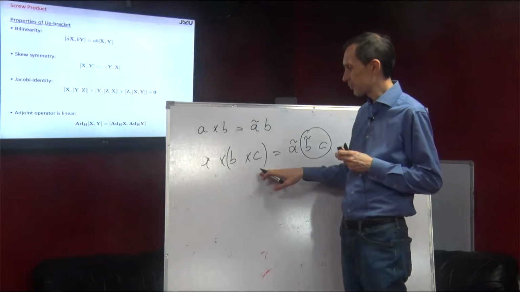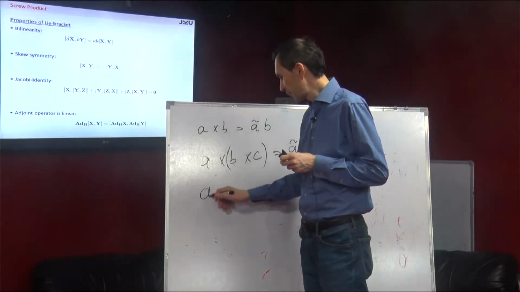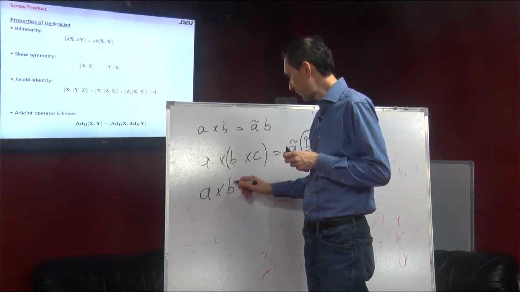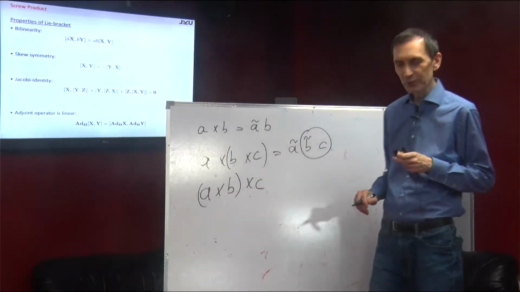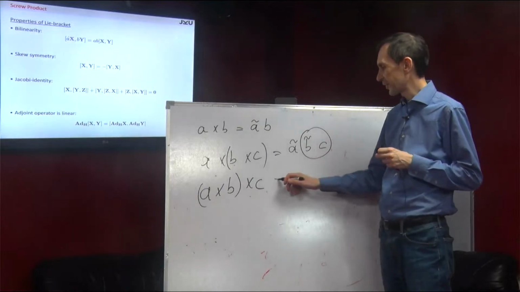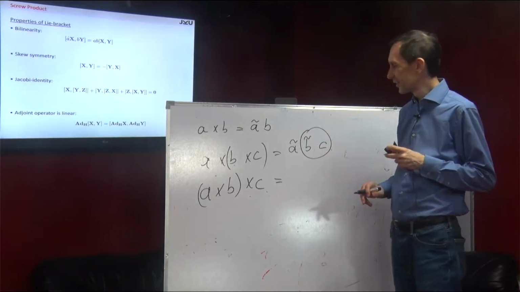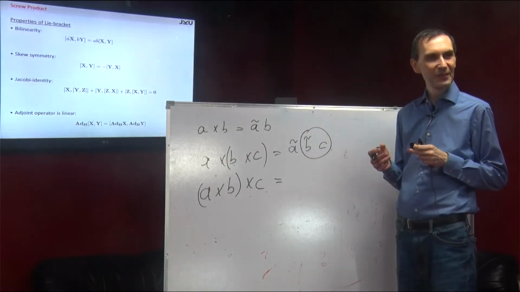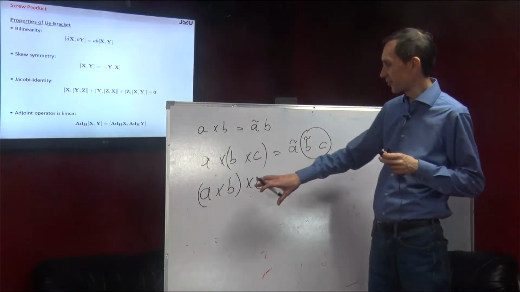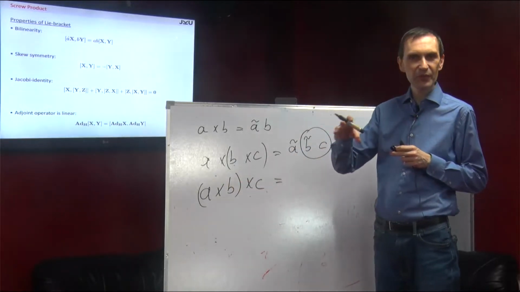Whereas here you have to set brackets, otherwise you don't know. By the way, if you want to have A cross B cross C, how would you write this with the tilde matrix? Yeah, but I was just saying that this is not the same. Literally, what if you take cross products and you replace the cross products with the tilde matrix?